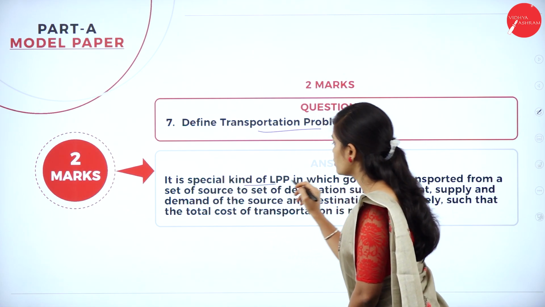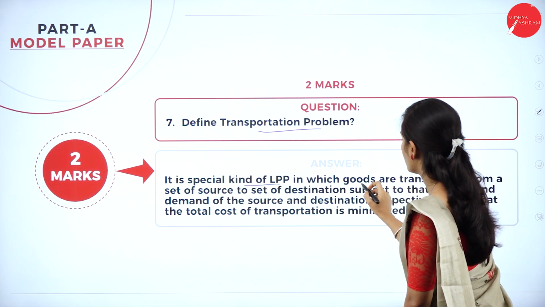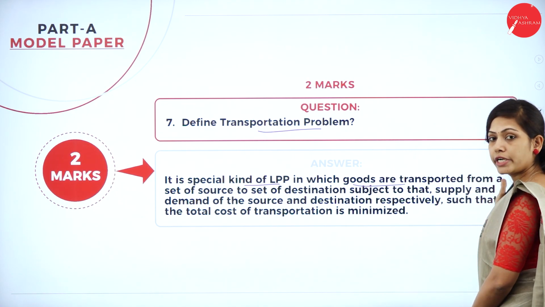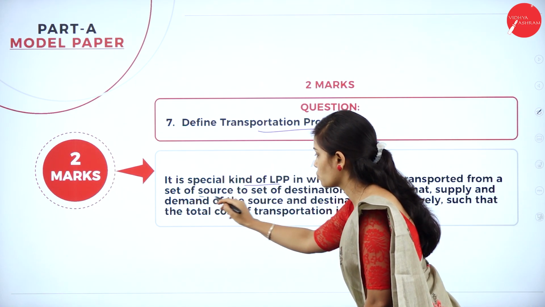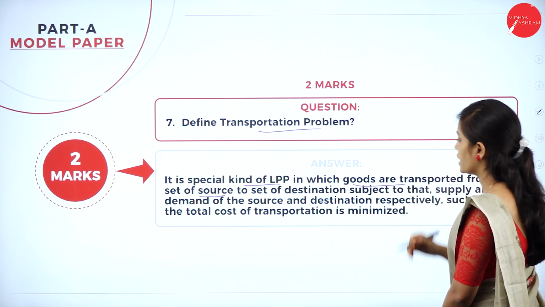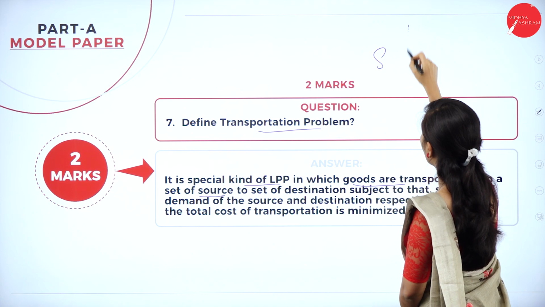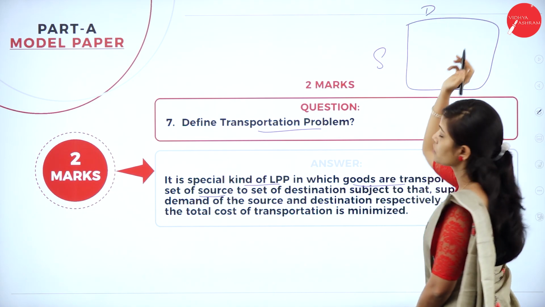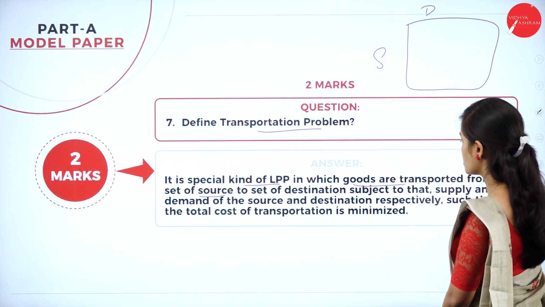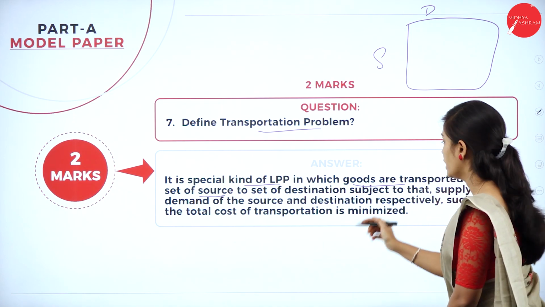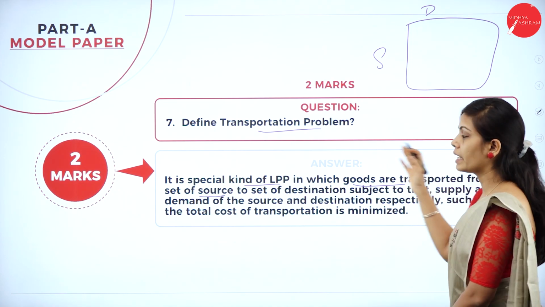It is a special kind of LPP in which goods are transported from a set of sources to a set of destinations. So in a transportation problem, they will give you the sources and destinations. We have to find the set of goods from source to destination, subject to supply and demand.